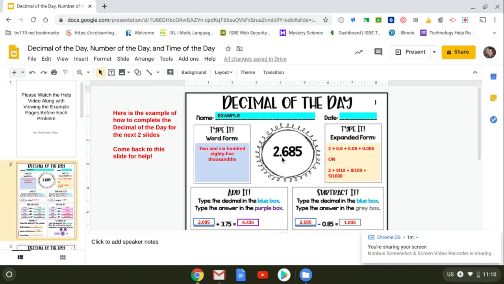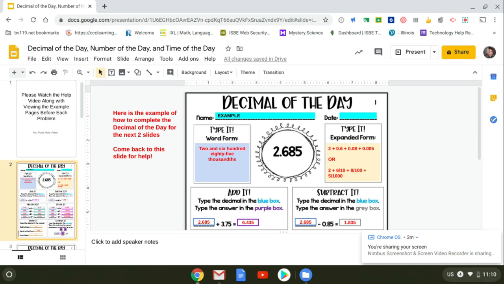The first place after the decimal is your tenths, then your hundredths, then your thousandths. So what it first wants you to do is to write it in word form. So word form is exactly as you say it, 2 and 685 thousandths. Okay?